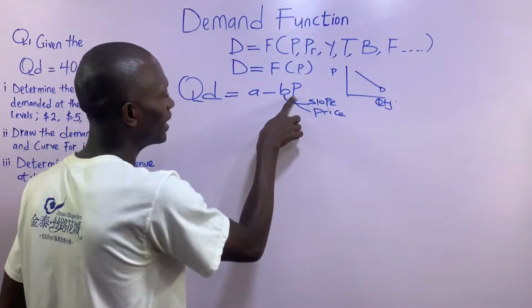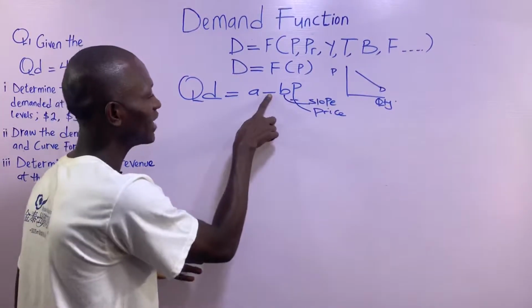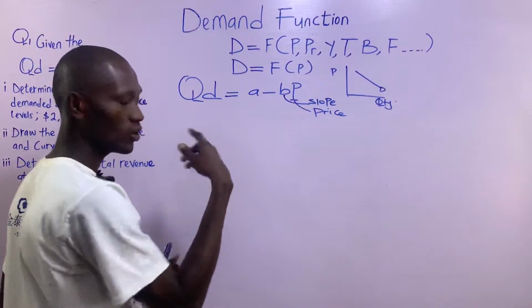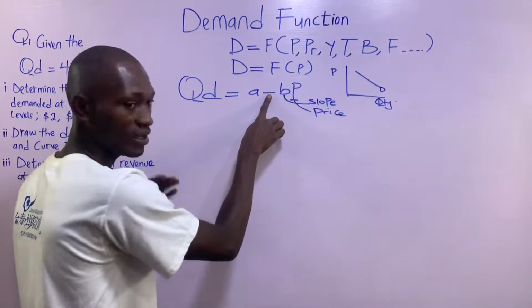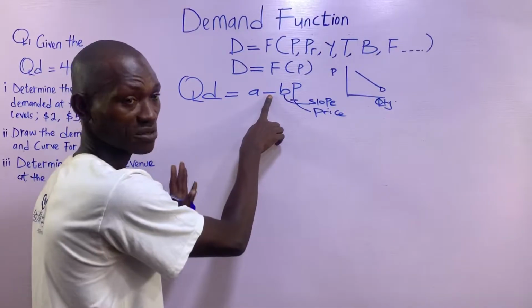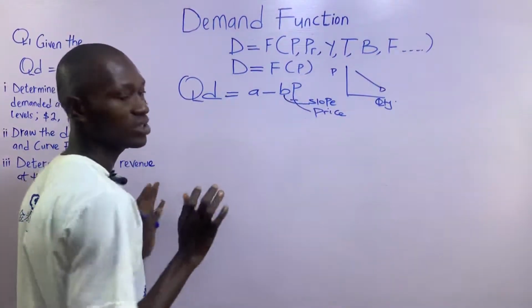That means the relationship between price and quantity demanded is negative. That's why you have this negative sign here. So with respect to normal demand function, this sign will always be negative. That's with respect to the demand function.